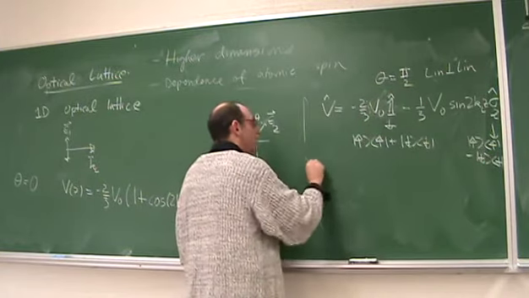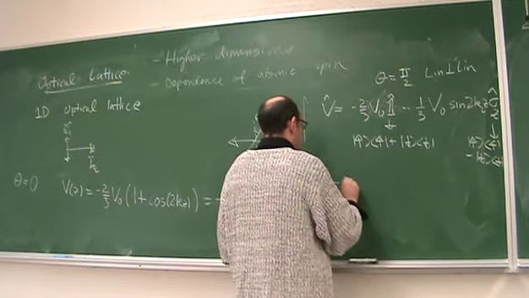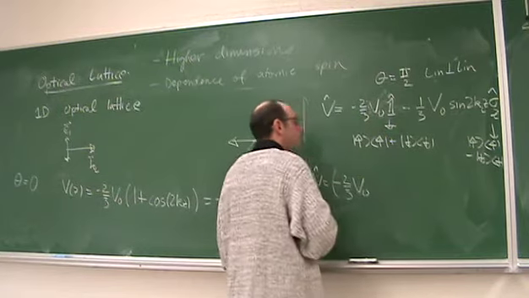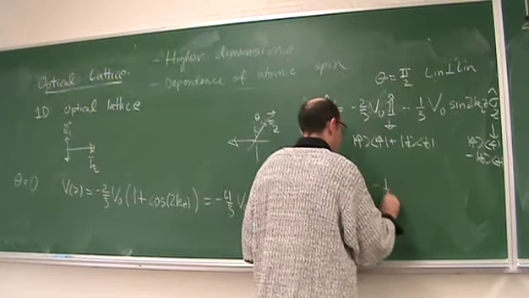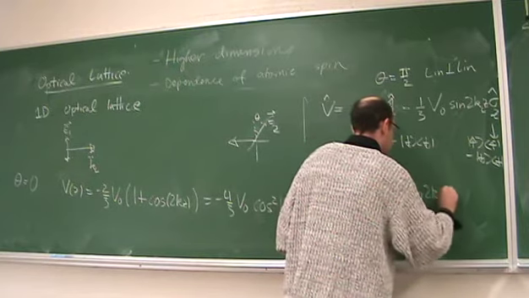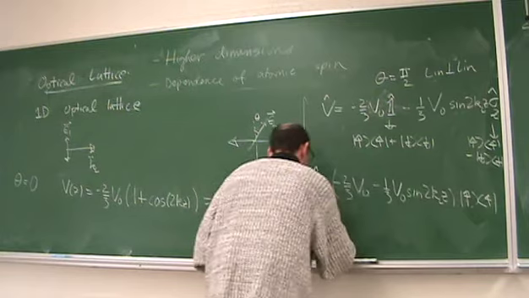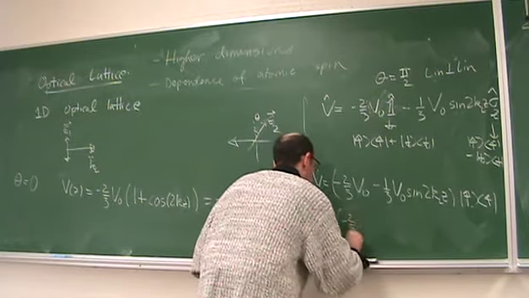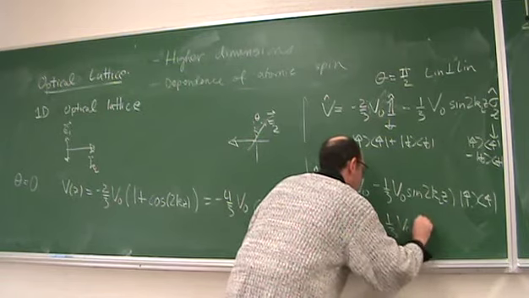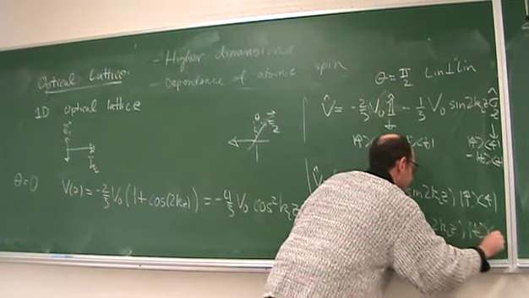then my optical potential has the form minus 2/3 V naught minus 1/3 V naught sine 2kz for spin up, plus minus 2/3 plus 1/3 V naught sine 2kz for spin down.